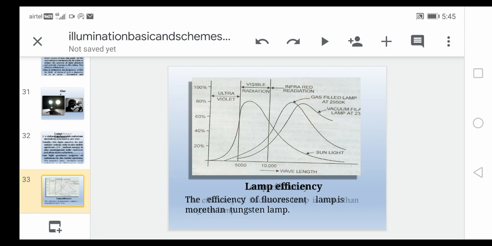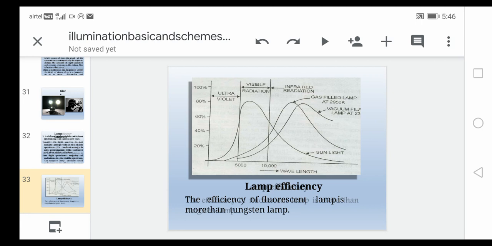In the lamp efficiency graph, this is the wavelength and this is the efficiency in percentage, 20%, 40%, and 100 like that. Up to 5000 wavelength we have ultraviolet, 5000 to 10,000 we have visible radiation, and beyond 10,000, infrared radiation. We consider three different categories: sunlight, gas filled lamp, and vacuum filled lamp.